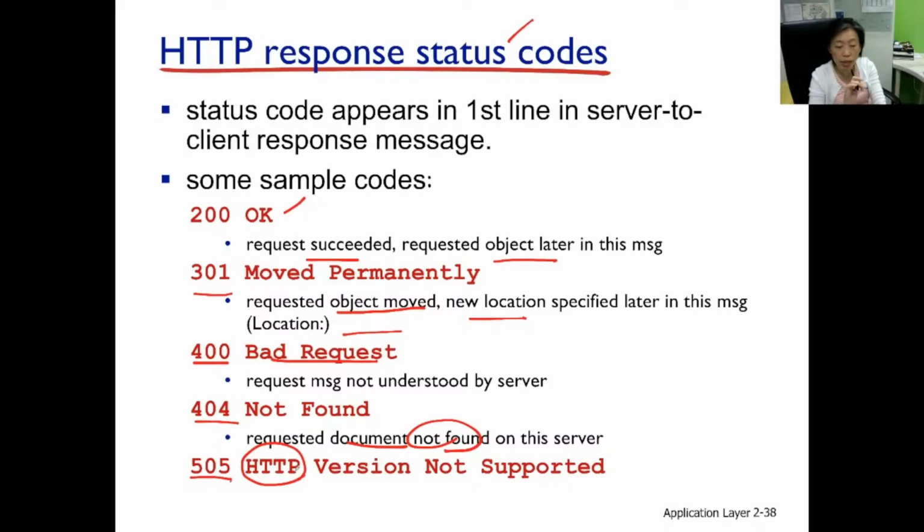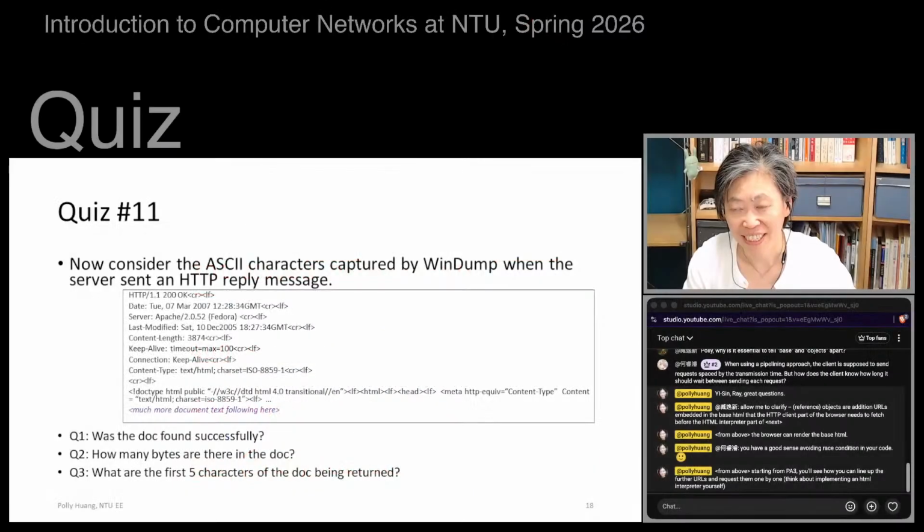So if you're using a very old browser, or contacting a very old server while your browser implements something newer, you might not be able to communicate, and the server is going to tell you this. That takes us to quiz 11.